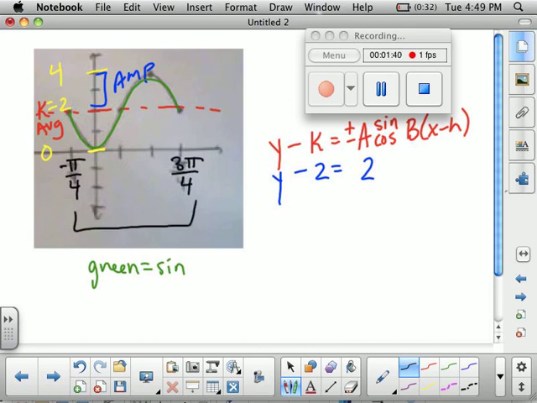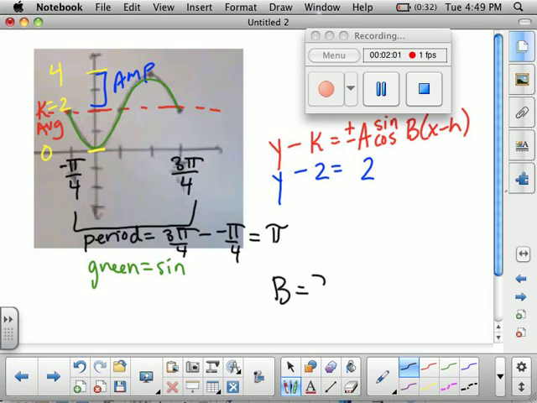This distance is going to represent the period, which can be found by taking the bigger number minus the smaller number. Hopefully you recognize that the two negatives turn into a positive, leaving you with just pi. So the period is pi.